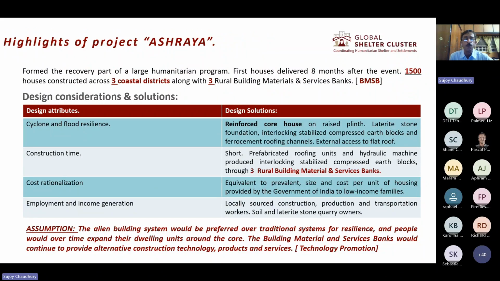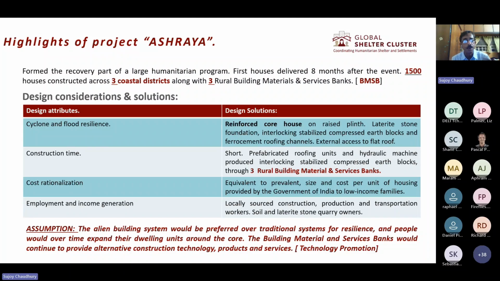where we did a project that was part of a larger program of CARE International, where we were building houses. Now, the super cyclone in Orissa was one of the biggest cyclones in India, and at that point of time, how do we go about a large construction project? So the project obviously had some key concerns. What does this project need to be?